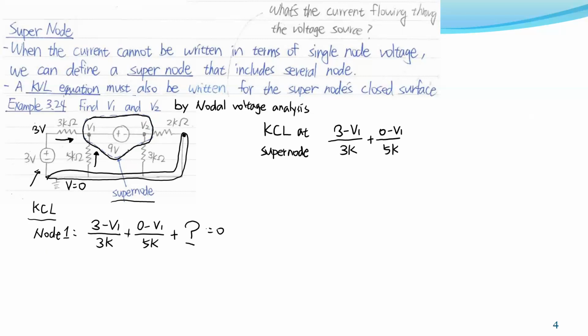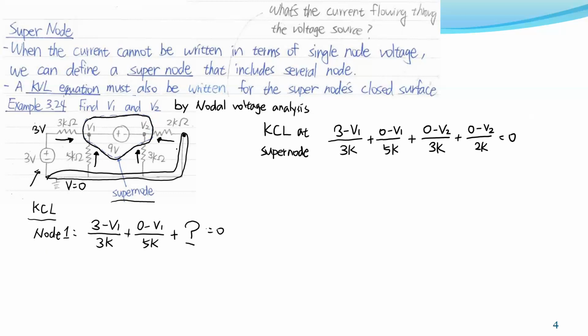Since we see this whole thing as a node, we also have the current through the other 3K, so plus 0 minus V2 divided by 3K. And we have the current flowing from right to left, so plus 0 minus V2 divided by 2K. The summation of all these 4 currents flowing into this supernode is 0.